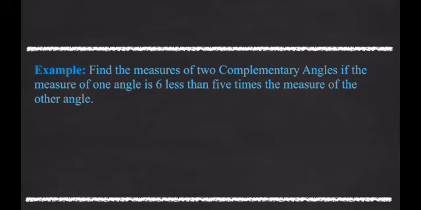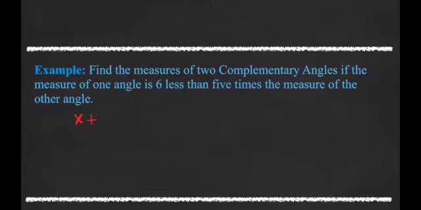Here's an example. Let's do a little bit of algebra in here. Find the measure of 2 complementary angles if the measure of one angle is 6 less than 5 times the measure of the other. Let's call one of the angles x.